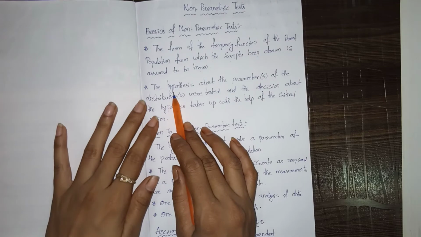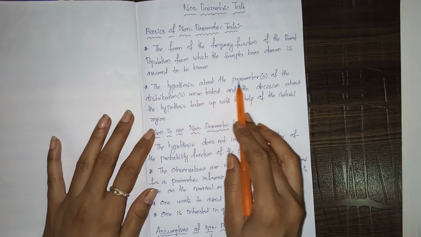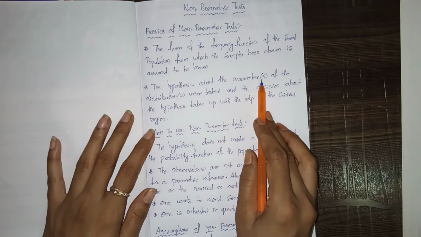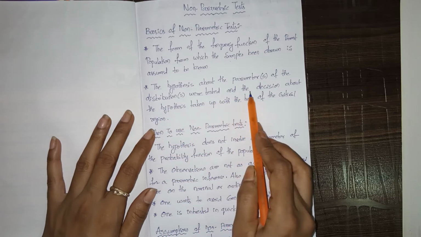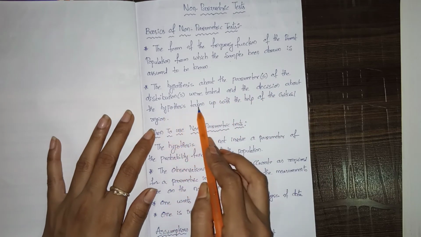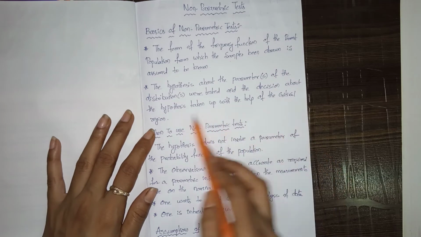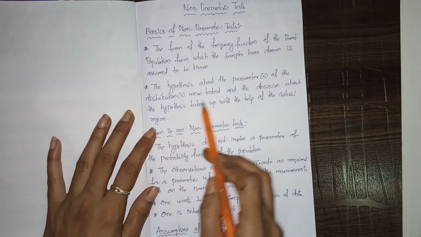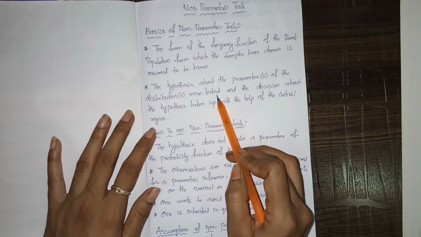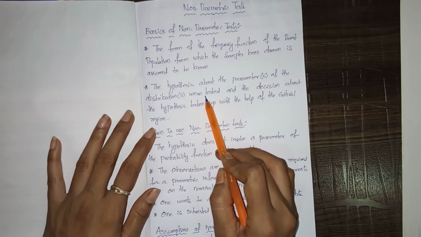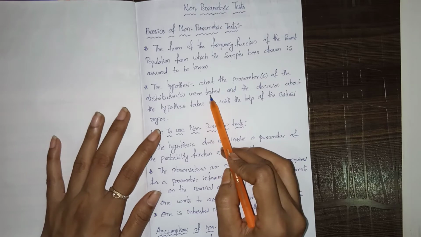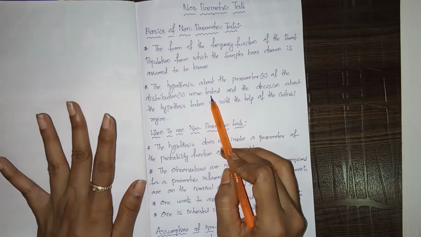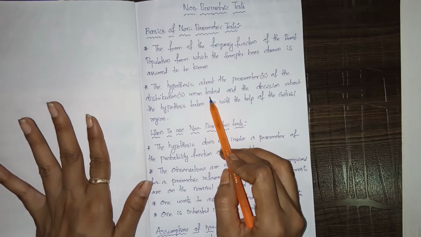The next is that the hypothesis about the parameter or parameters of the distribution or distributions is tested, and the decision about the hypothesis is taken with the help of the critical region. Here we test the hypothesis. How to test the hypothesis, you all know. We have to know the null hypothesis, the alternative hypothesis, and the test statistic.